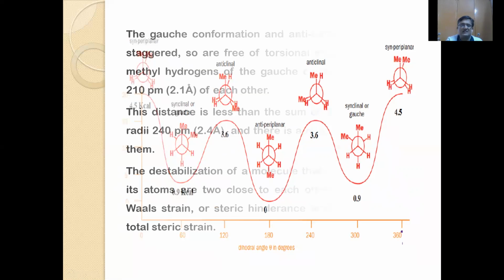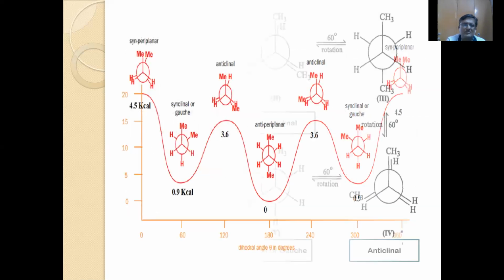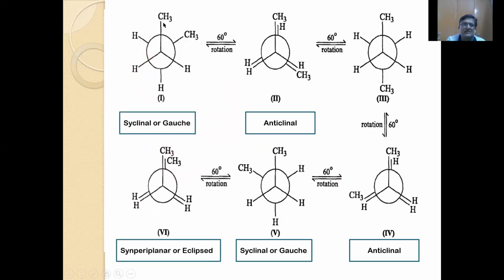Therefore, the gauche conformation and the anti conformation are both staggered. They are free of torsional strain, but two of the methyl hydrogens of the gauche conformation lie within 2.1 angstrom units of distance. A very small distance. Here you can see this is the gauche, and this is also a gauche conformation.